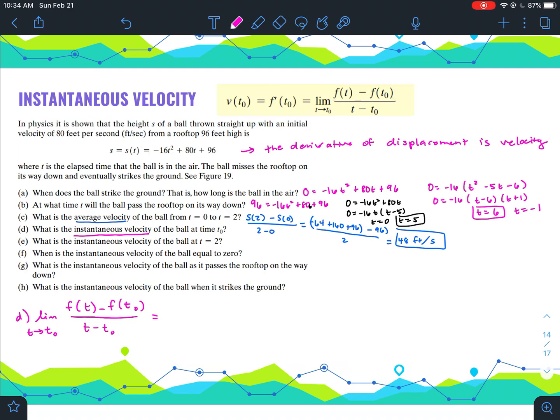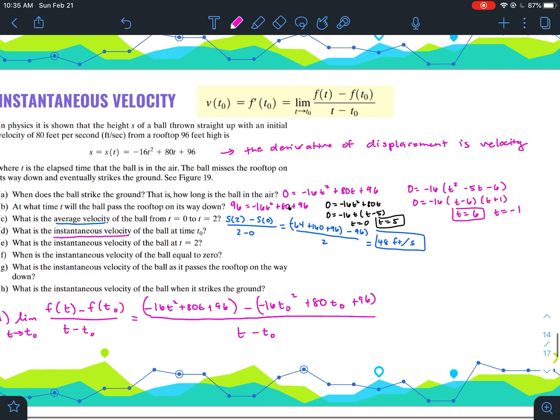And so f of t is our original equation, so negative 16t squared plus 80t plus 96. And then minus f of t naught would be negative 16t naught squared plus 80t naught plus 96, all over t minus t naught.